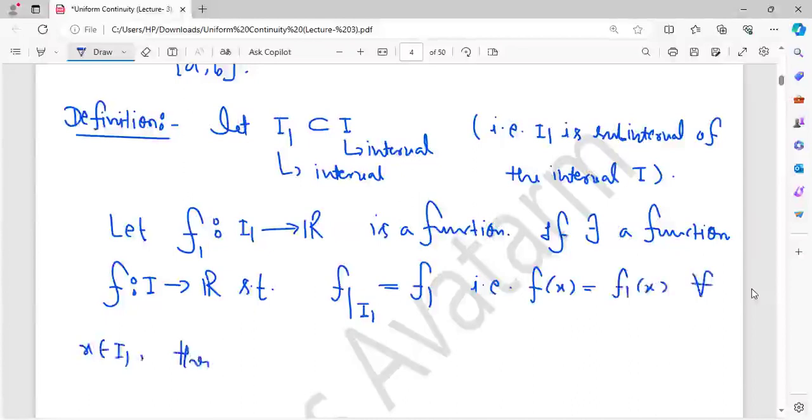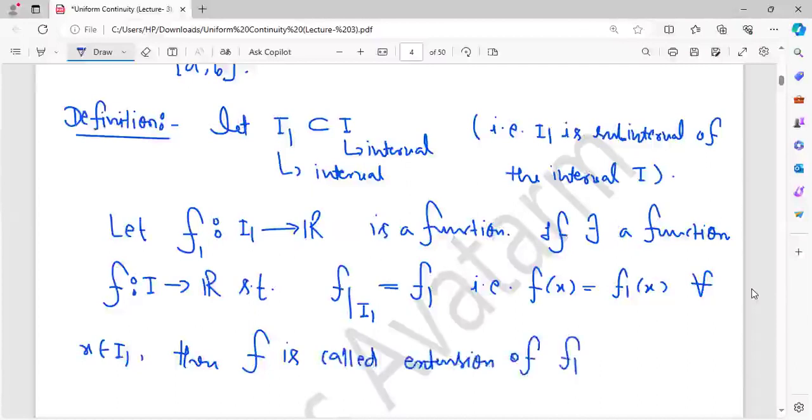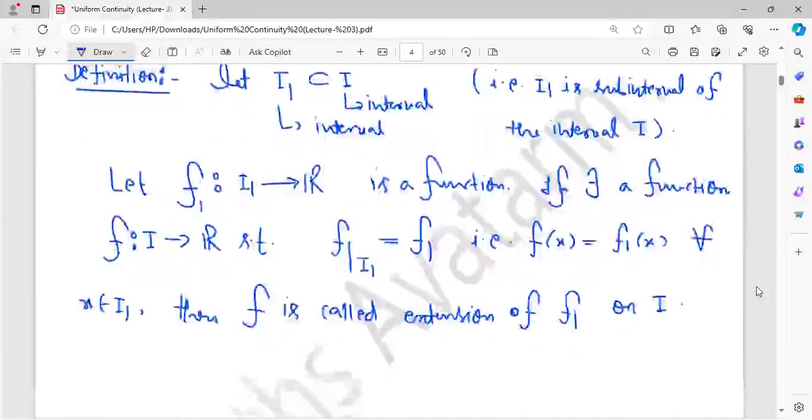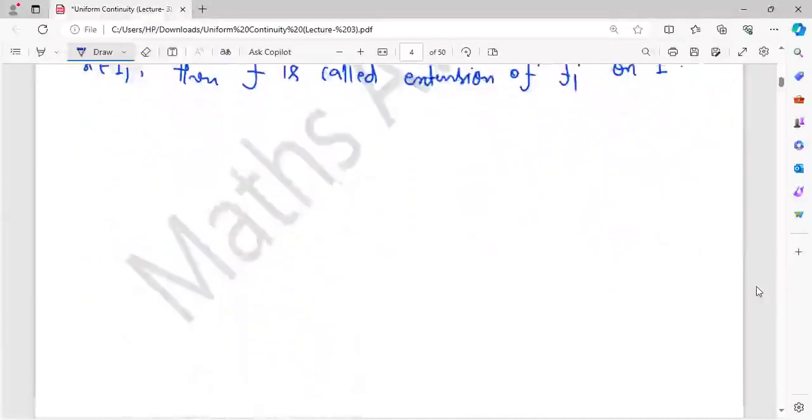Then f is called an extension of f1 on I. Okay.